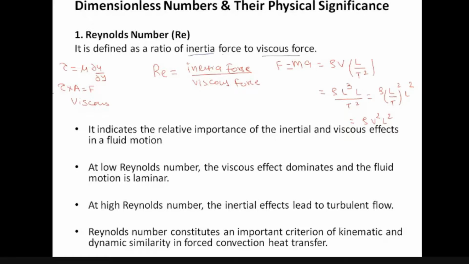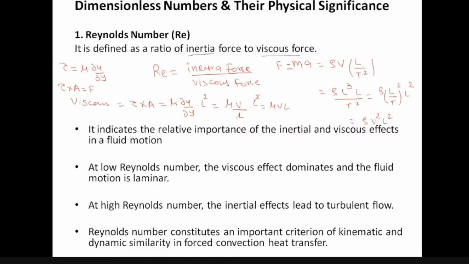So viscous force is shear stress into area, that is tau into area, which is mu del u by del y into area. Area means L to the power 2. And u means velocity, so I can write V upon the distance y, which I indicate with L. Since it is L square, one L cancels out, so we get mu V into L.